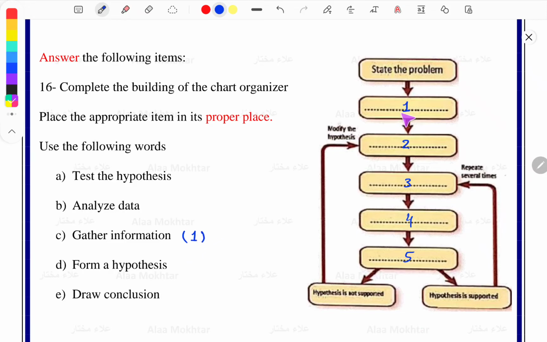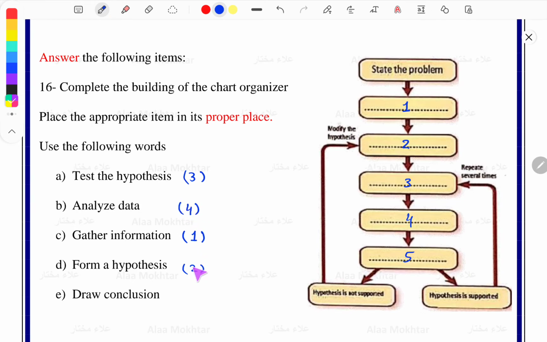Then I form the hypothesis for this problem. Number 3, test this hypothesis. Number 4, analyze the data we collected from this hypothesis.